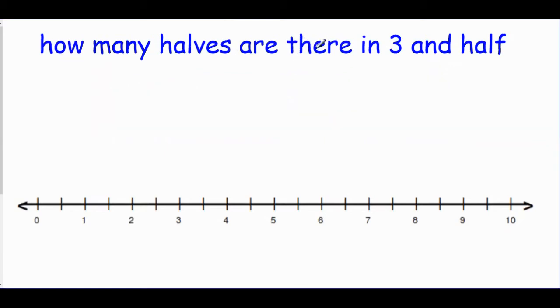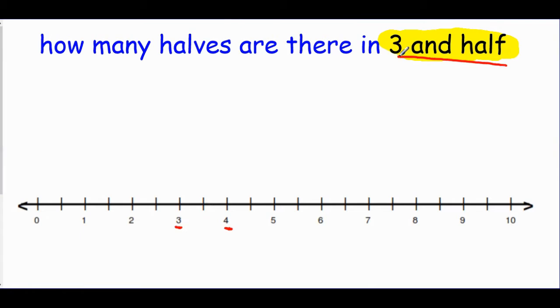Okay, how many halves are there in three and a half? I want to know how many halves in three and a half. Where is this three and a half? Let's locate three and a half on the number line. This is three and this is four.